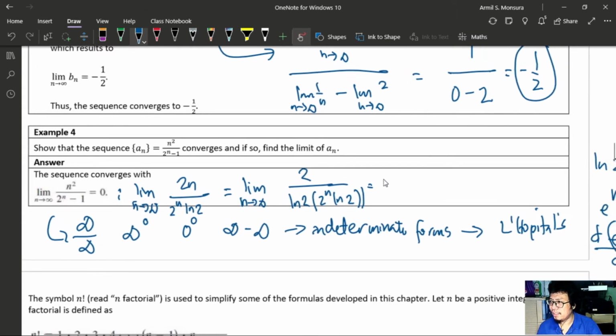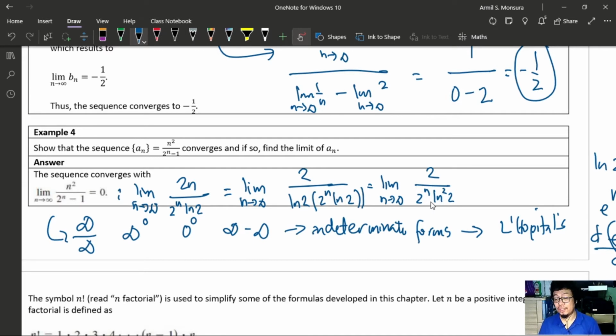So basically this becomes the limit, again simplifying this expression, of 2 over 2 raised to n times the natural logarithm of 2 squared, as n approaches infinity. Now here's where we make the argument. When you evaluate the limit of this, it is no longer an indeterminate form, because this simply becomes 2 divided by a very large number.